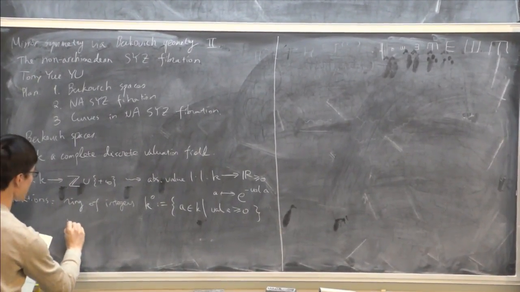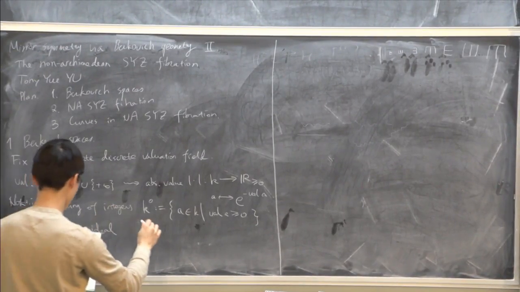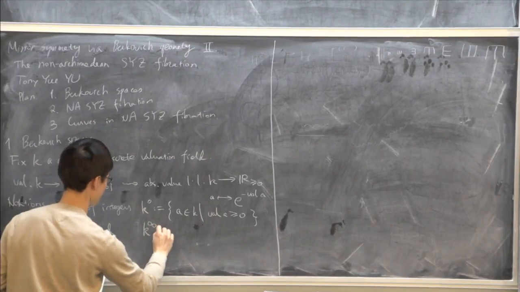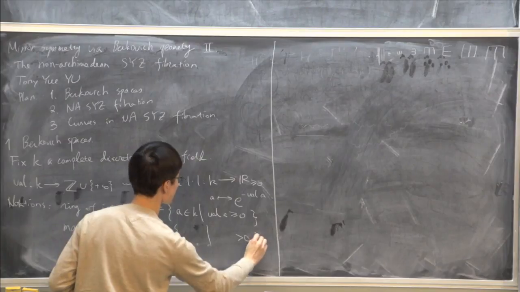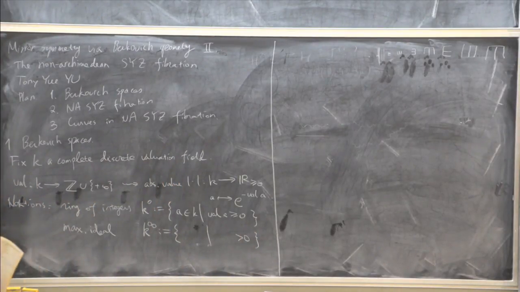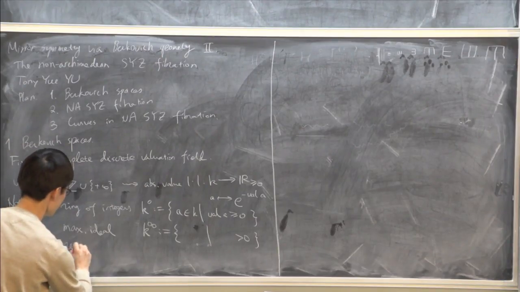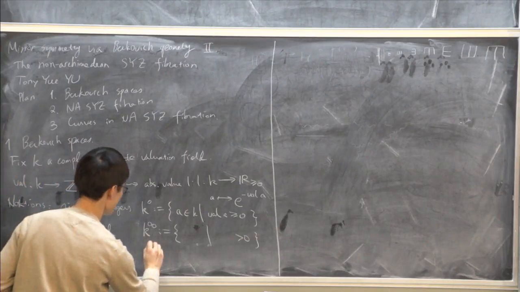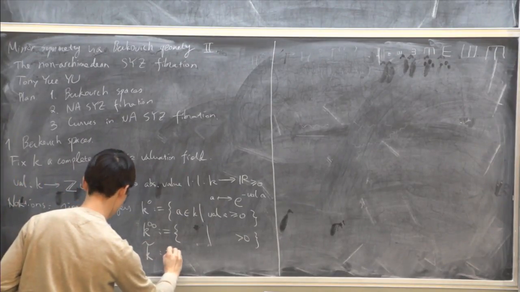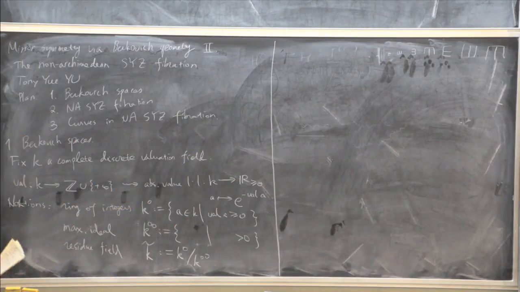And the maximal ideal is the same thing, but with valuation greater than 0. And then we can take the quotient, the residue field, denoted by K tilde. If you are confused, let me give you some examples.